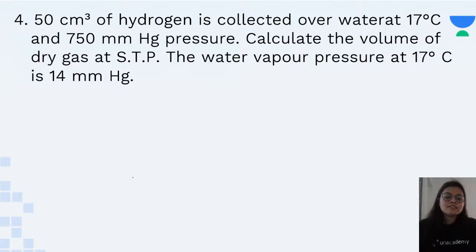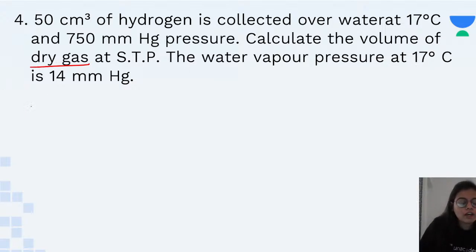Now, 50 centimeter cube of hydrogen is collected over water at 17 degrees Celsius and 750 mm of Hg pressure. Calculate the volume of dry gas at STP. The water vapor pressure at 17 degrees Celsius is 14 mm of Hg. Now see students, what are the values given to us? Let's write them first so that there is not a lot of confusion.